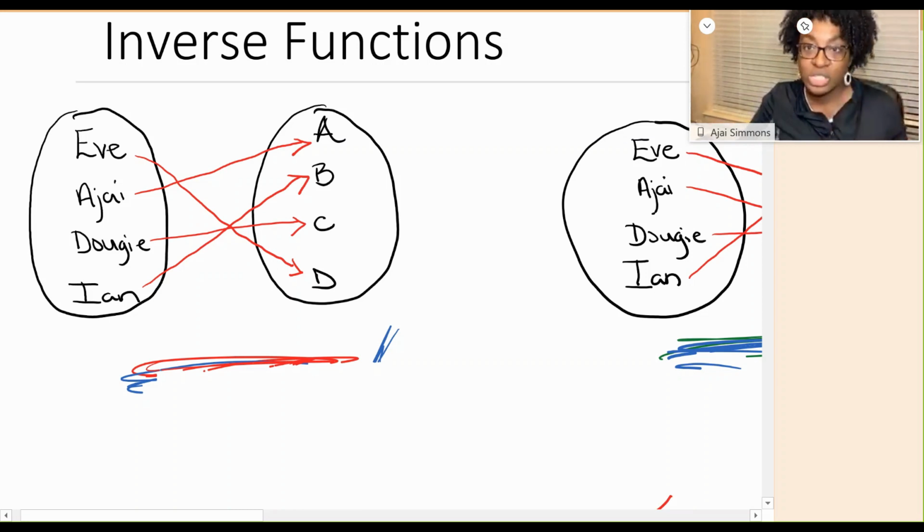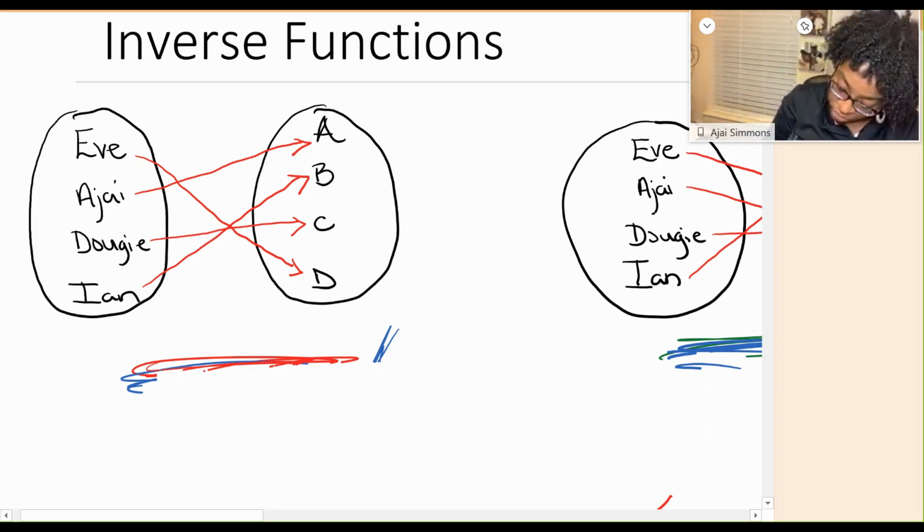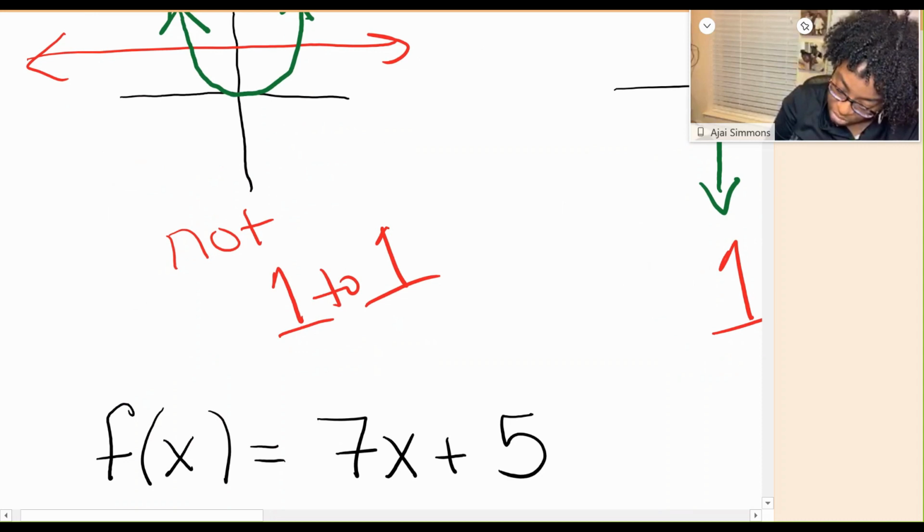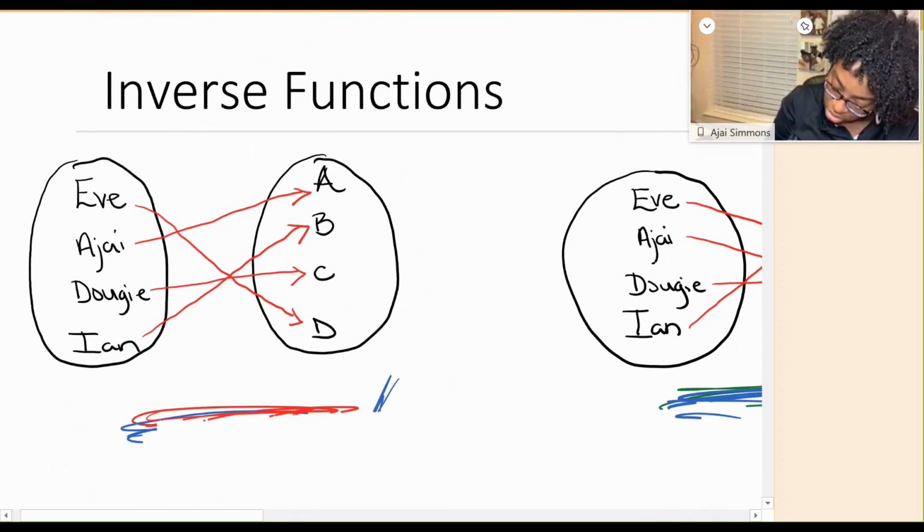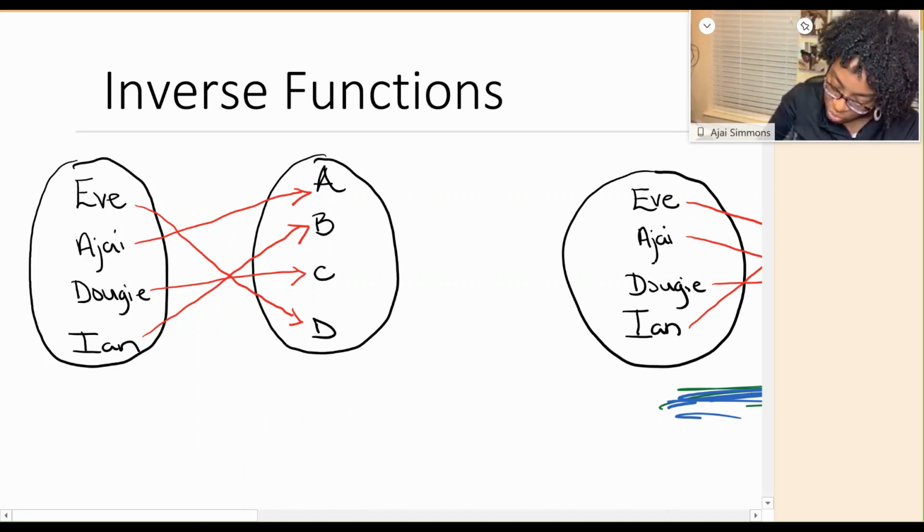If I was to switch this, and I'm going to do this real quick. If I was to switch this and say, okay, I'm going to put my grades over here, and I'm going to put my students over here.